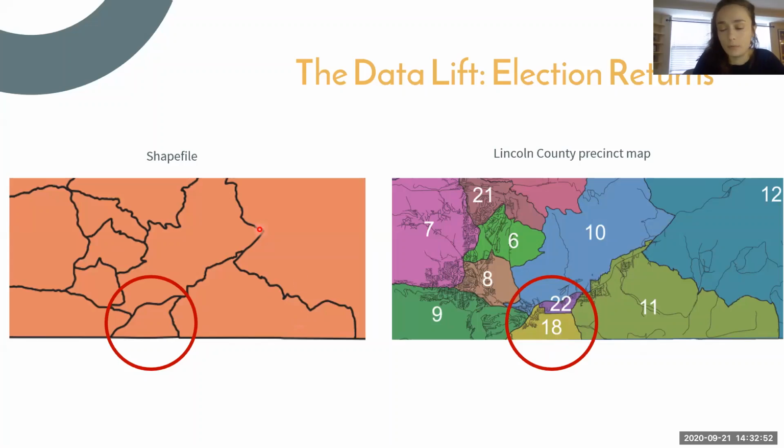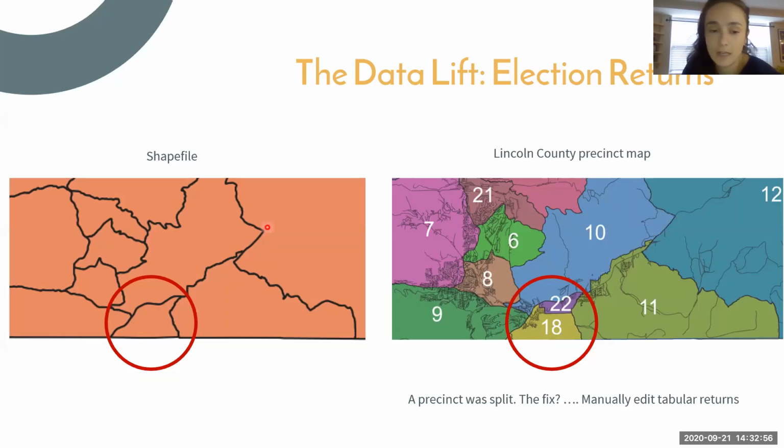So what do you do to fix this? You literally go into that CSV from the Secretary of State and just merge those two rows. So the process is really this tedious, and there's not a good way to automate it state to state. It's really going into each county and checking maps, or I should say there's not a good way to automate it when the data really isn't standardized.